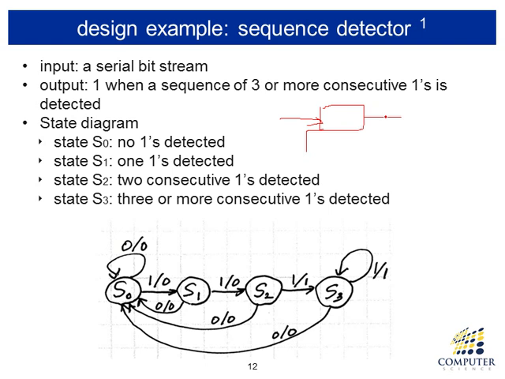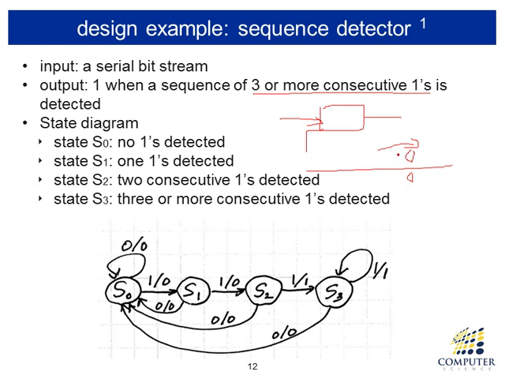stays 0. Here, the system we are going to design is a sequence detector that detects 3 or more consecutive ones. If the system detects 3 or more consecutive ones, then output becomes 1, otherwise output remains 0. So for example, if we give 0 as the very first input, then output should be 0 because we didn't detect any 3 or more consecutive ones yet.